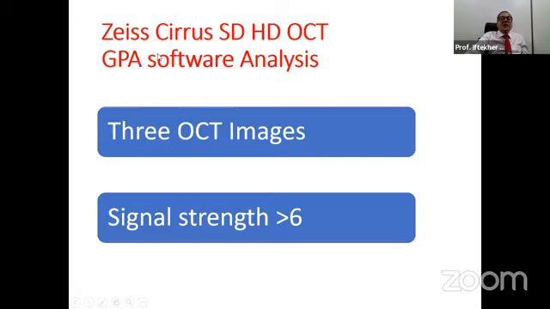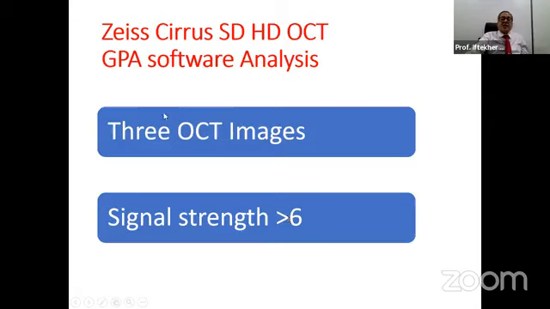Now the Zeiss Cirrus HD-OCT, how can it analyze the progression? It is the guided progression analysis software by which Cirrus OCT can judge the progression. Here, the Cirrus OCT needs at least three good quality images, and the image quality should be more than 6.